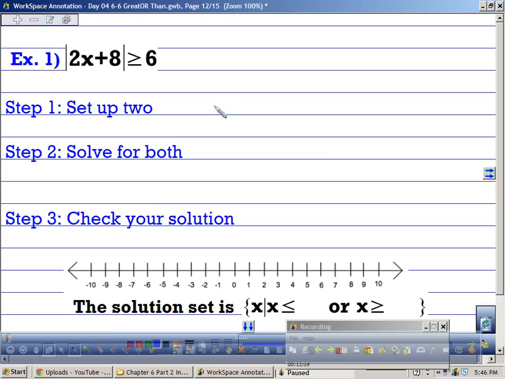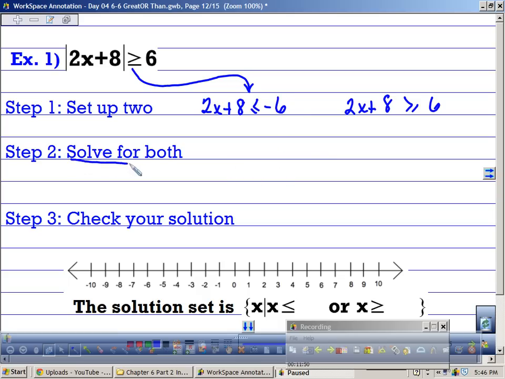So I need 2x plus 8, I should actually put this one on the right-hand side. 2x plus 8 is greater than or equal to 6 in the positive direction, and 2x plus 8 is not greater than, but less than or equal to 6 in the negative direction.